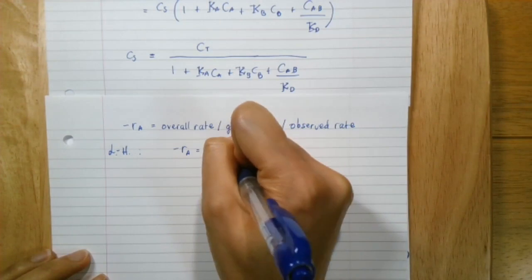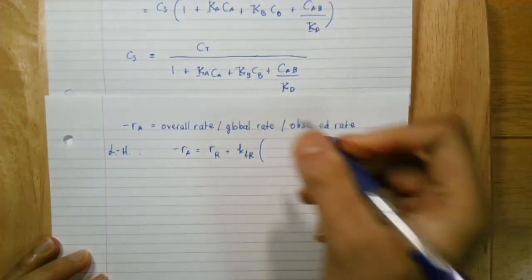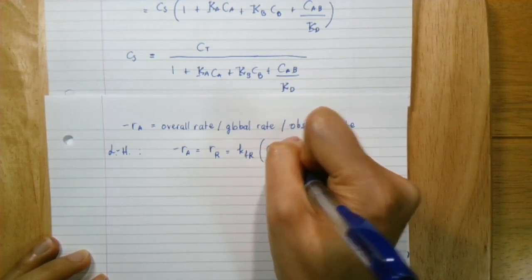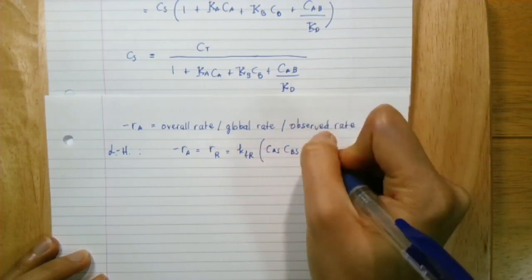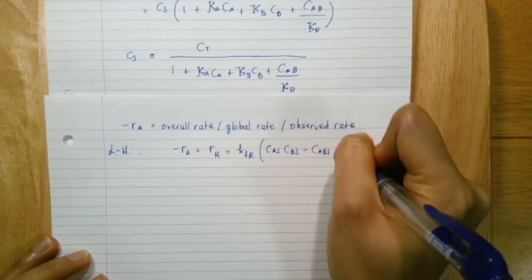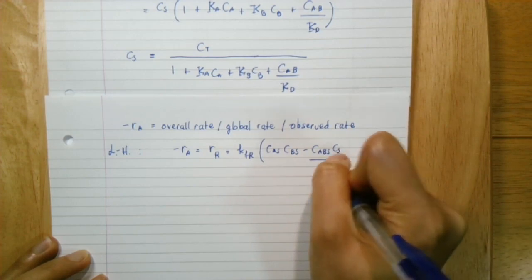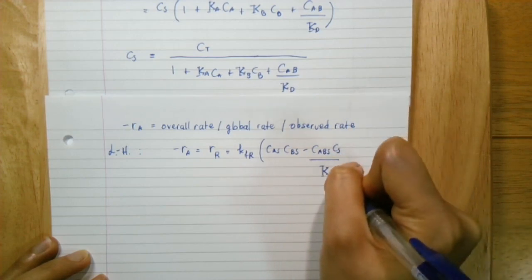So this is equal to KFR times CAS CBS minus CABS times CS all over the equilibrium constant for the reaction.